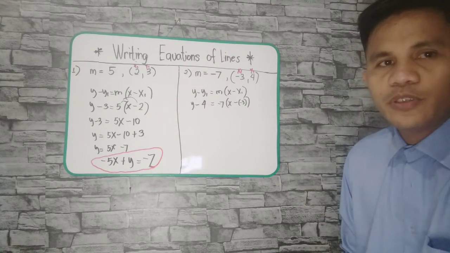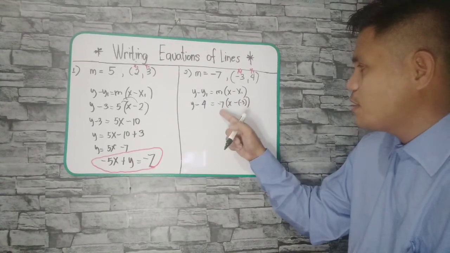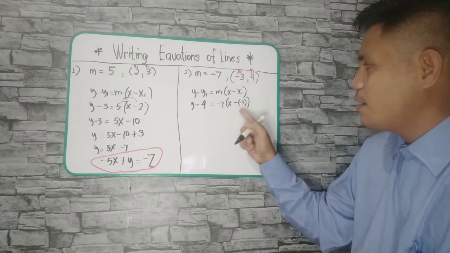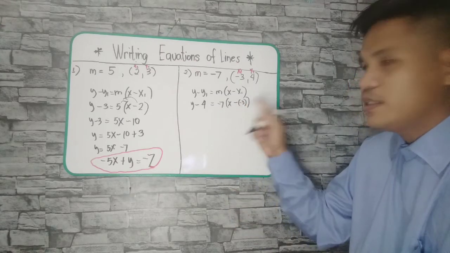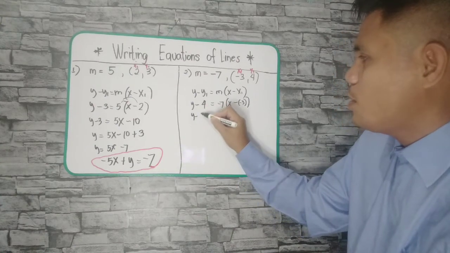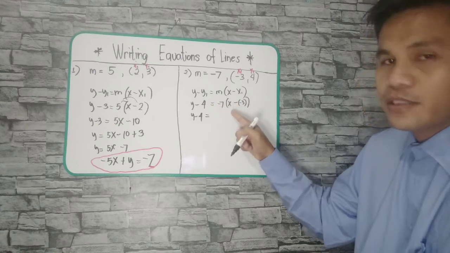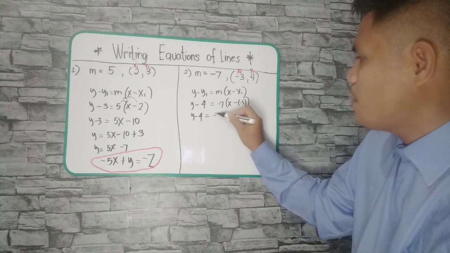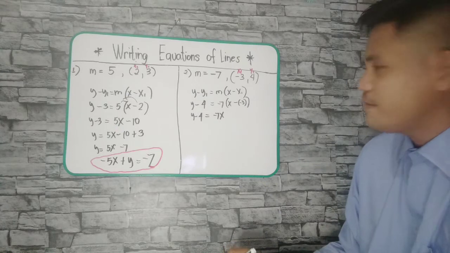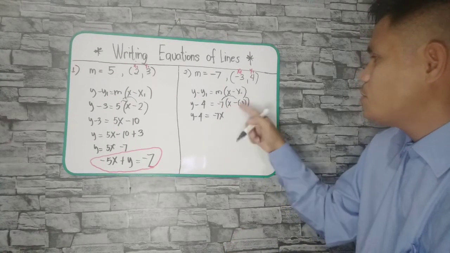Now let us proceed to the process of multiplying negative 7 by x and negative 3. Let us copy y minus 4 for the meantime. What is negative 7 times x? That is negative 7x.